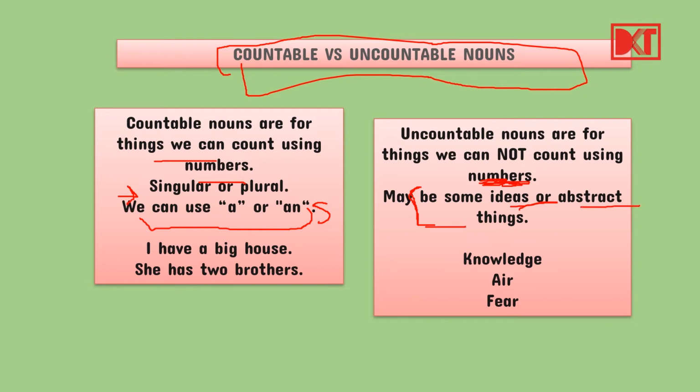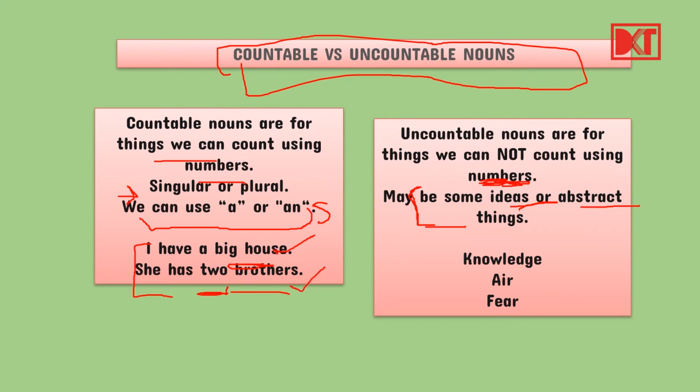Let's see the examples. Here, for example, I have a big house. Now, house is countable. Like one house, two houses, 10 houses. They can be counted, right? So it is a countable noun. Then brothers. She has 2 brothers. So this is also countable, right?